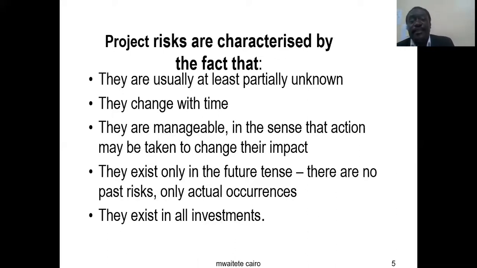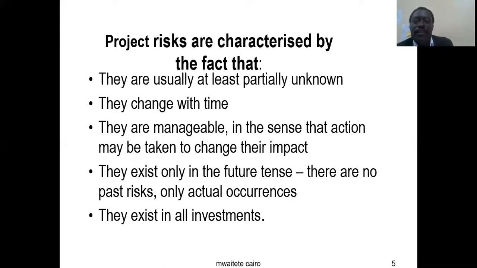Project risks are characterized by the fact that they are usually at least partially unknown. You may not know some risks. They change with time. I know they are manageable in the sense that action may be taken to change the impact, so you can manage.